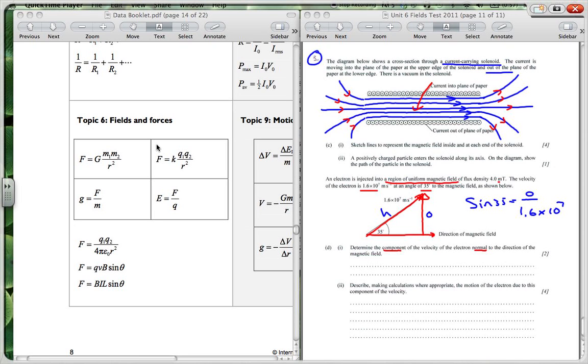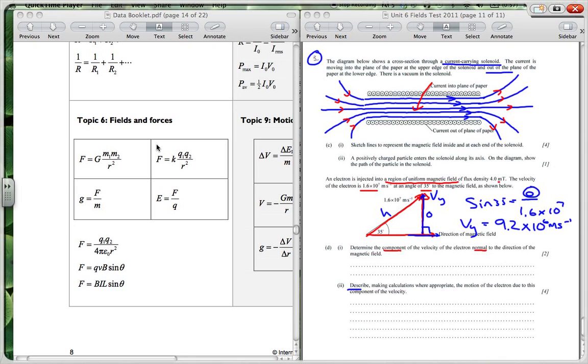When we do that, we get our opposite, which is our velocity in the vertical, I'm going to say velocity in the y direction, of 9.2 times 10 to the 6 meters per second. So this is your velocity that is going at 90 degrees to the magnetic field.